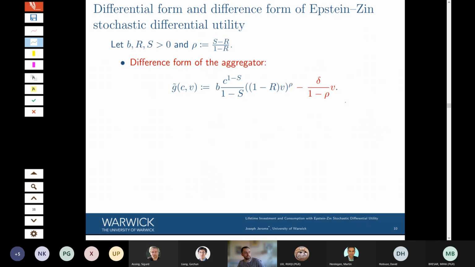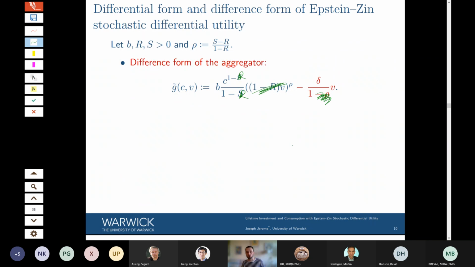So given these parameters, we're going to define the difference form of the Epstein-Zin stochastic differential utility aggregator to be given by the following. It looks pretty different to the time additive case, but again, you can check if rho is equal to 0, this term disappears, S is equal to R, and this disappears, right?